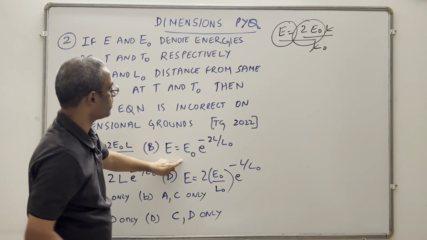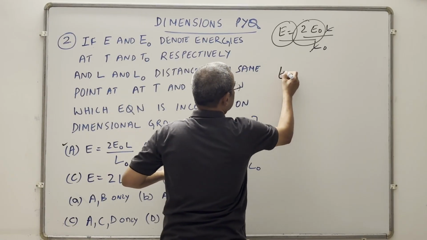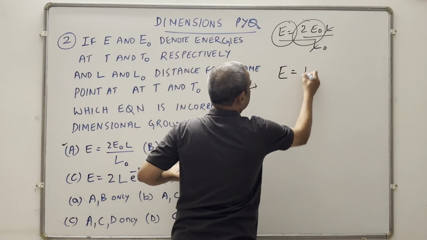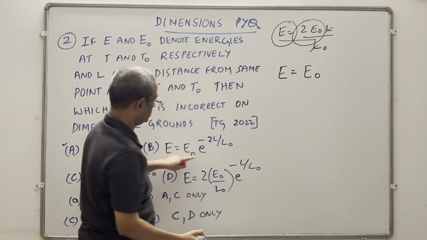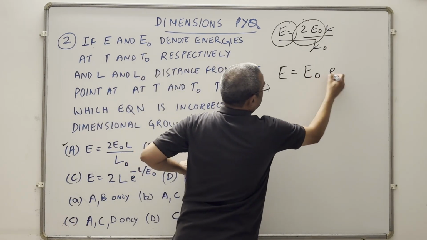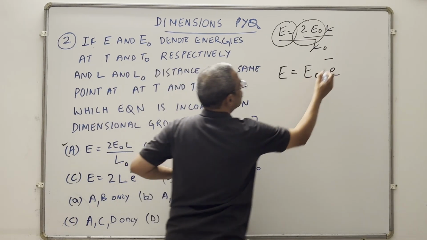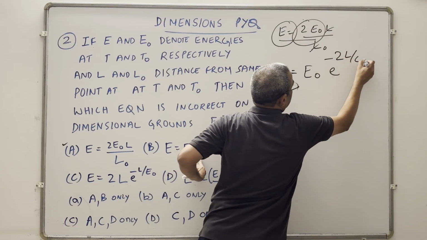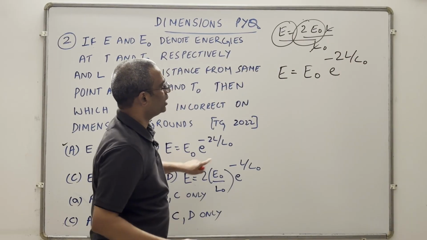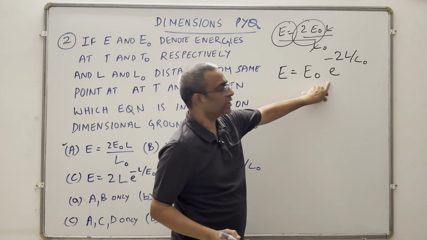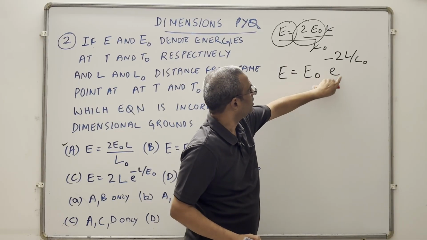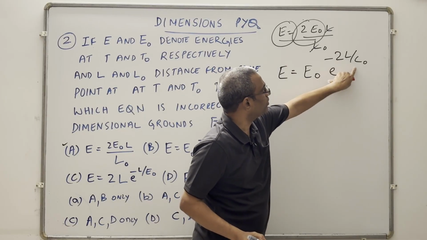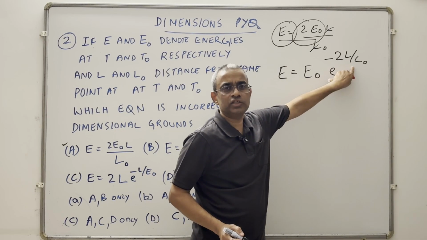So this equation is right. Let us look at this one. E is equal to E naught into e raised to the power of minus 2L by L naught. Now, in the exponent, there is a length by length. So again, this becomes some number.